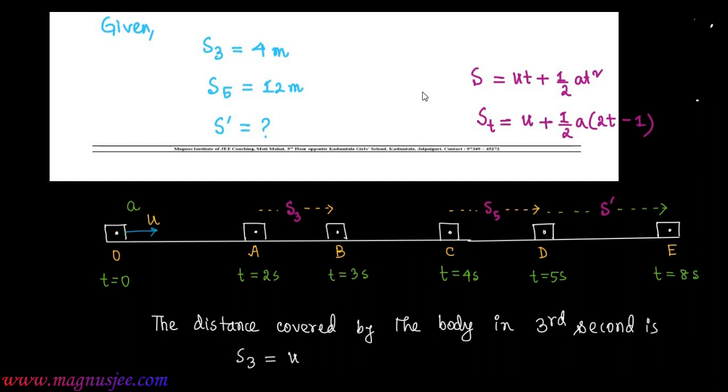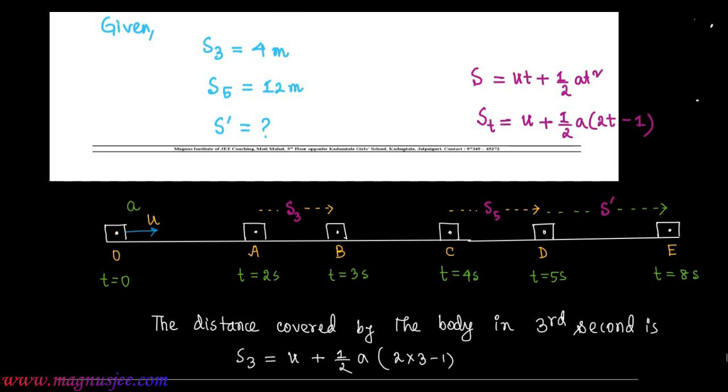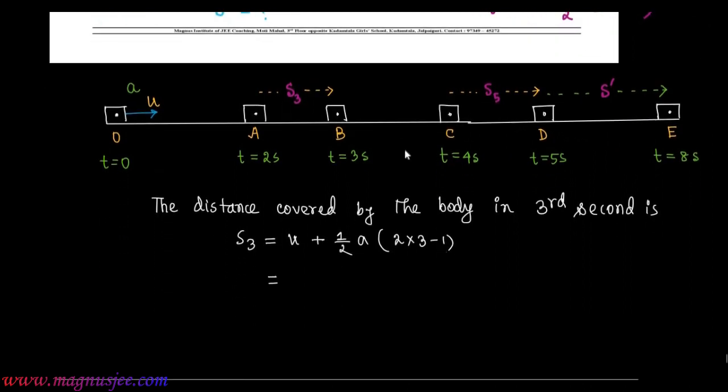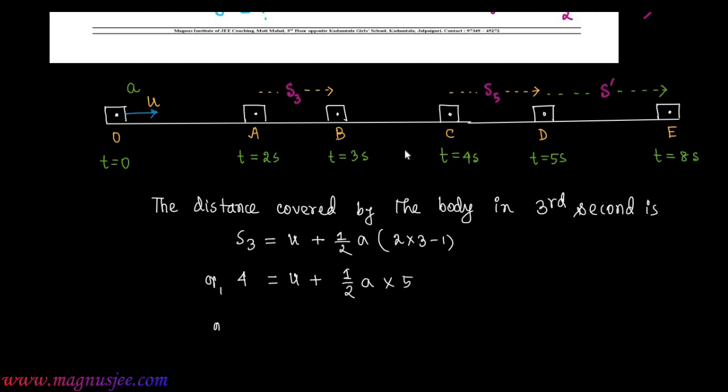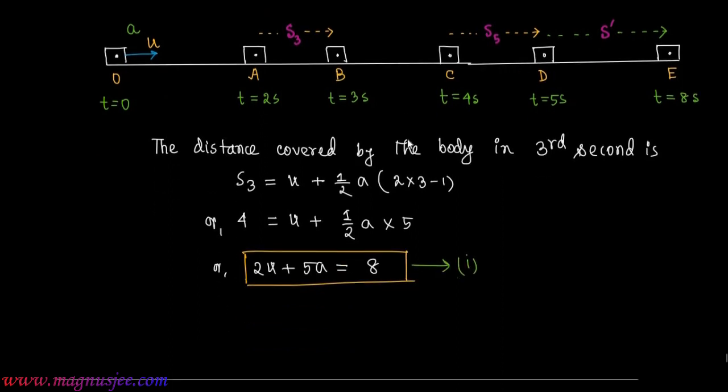Obviously we have to use the second equation, u plus half a into 2t minus 1, and in place of 2t minus 1 we can write 2 into 3 minus 1, because t is equal to 3 second. Putting the value of S3, we get 4 equal u plus half a into 5, or 2u plus 5a equal 8, which is equation 1.